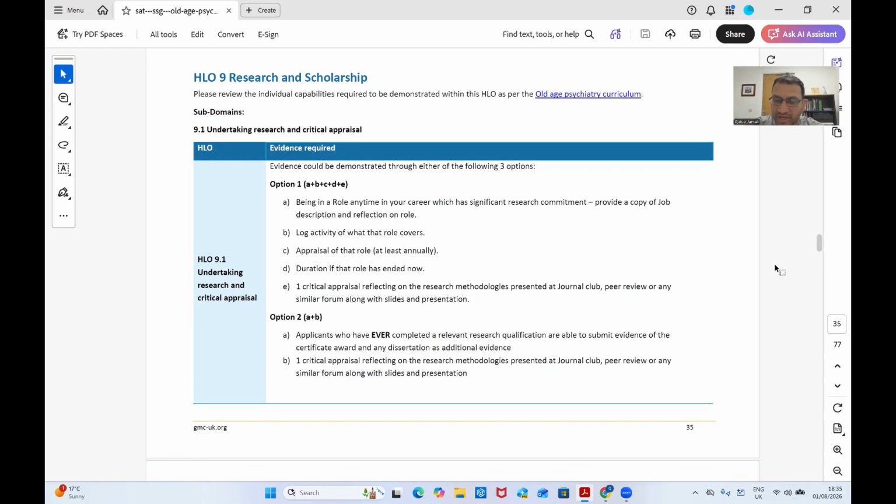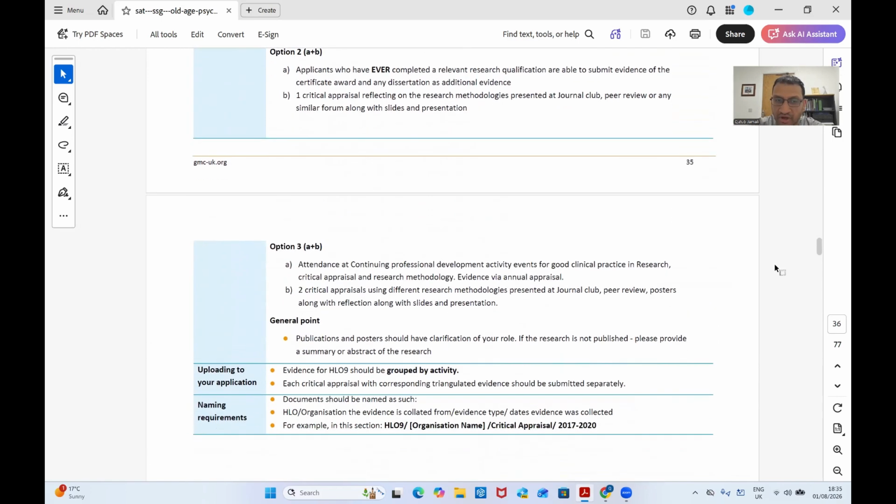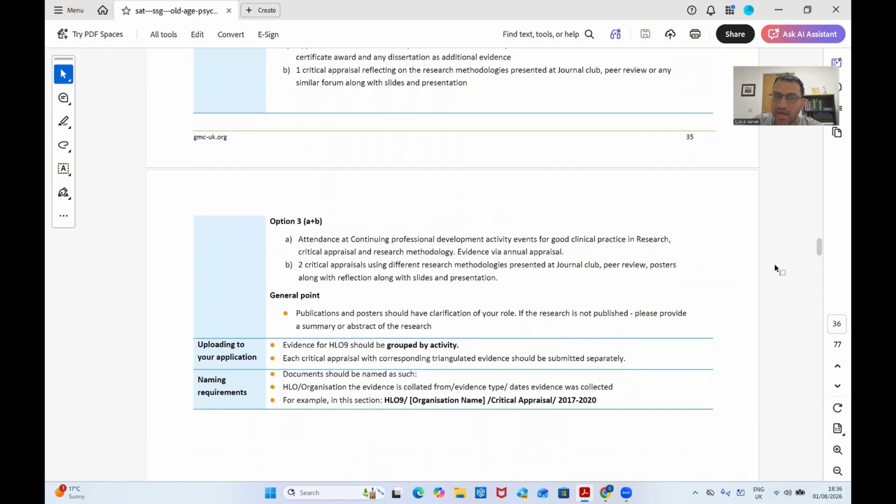So you can triangulate it by doing a presentation, obtaining feedback from the audience, from your group, and doing a reflection on it. Then the third option is attendance at CPD activity, which is a good clinical practice and research, critical appraisal, or research methodology.